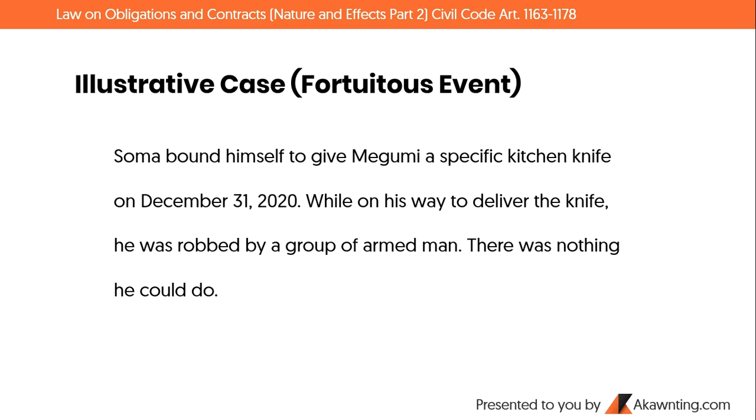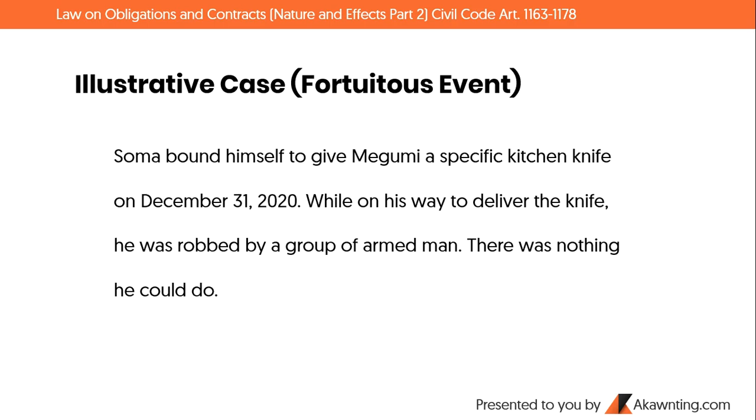Why? Because the specific thing was lost through a fortuitous event. So the event wherein he was robbed by armed men is, of course, unforeseen. Of course, Soma also doesn't want to be robbed.